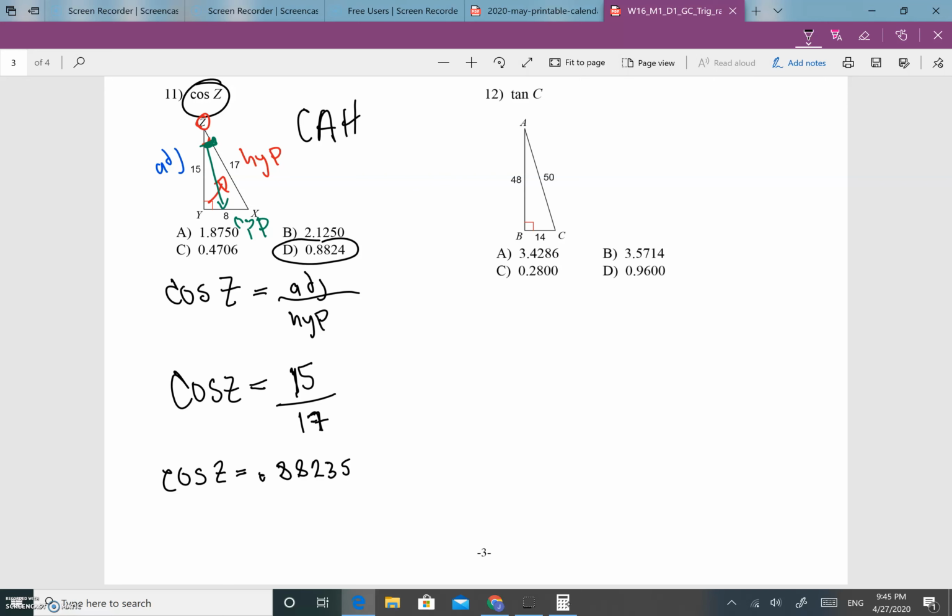They're asking us to round to the 4th decimal place. So we're looking at 3, and we ask ourselves, the number after 3, what is it? If it's 5 or more, you have to bring it up. Because it is 5, instead of 3, I write a 4. And that's how you get D.